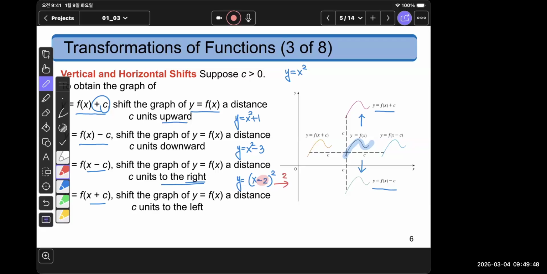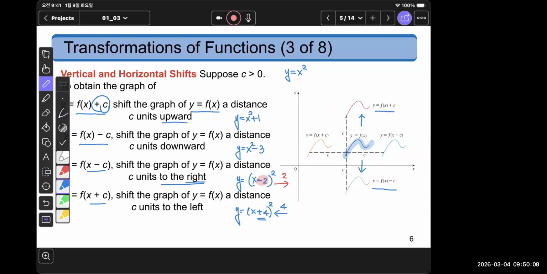If you want to draw the graph of (x plus 4) squared, so if you have a plus 4, you need to shift the graph of the original function to the left by 4 units.